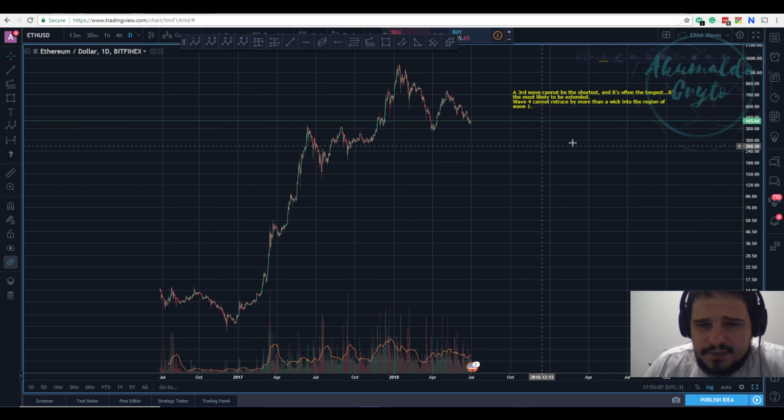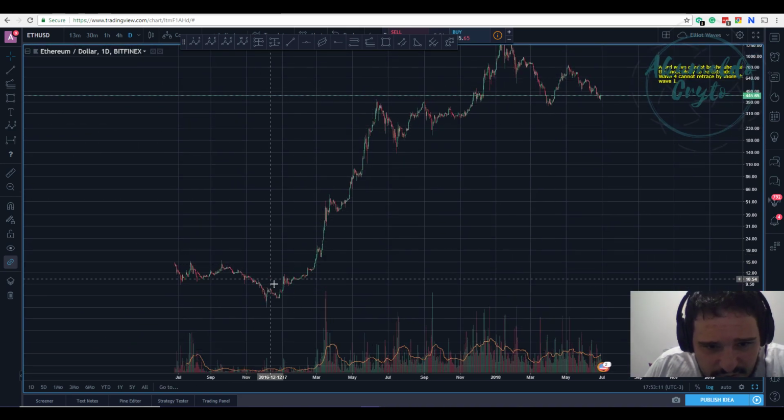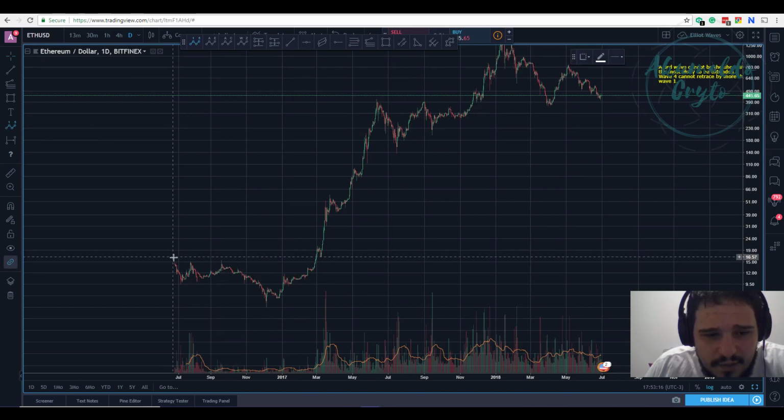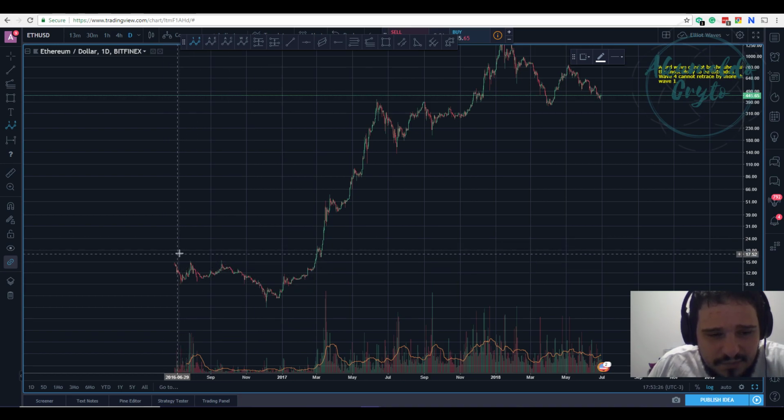Let's just put those rules here. It's not so easy to spot the initial wave. Here we have the beginning of this data. We can't really understand what was happening here, because when it first starts selling at the exchange, what usually happens is that they dump it.